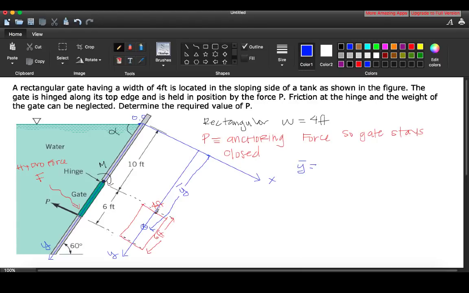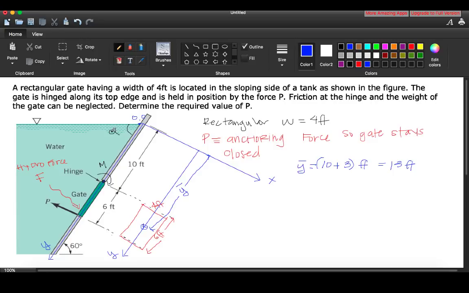Y-bar is going to equal this distance that's given as 10 feet plus half of the gate, right? Because that's the distance to the centroid. So that's 3 feet. So this is going to be 10 plus 3 feet is the distance to our y-plane, okay?